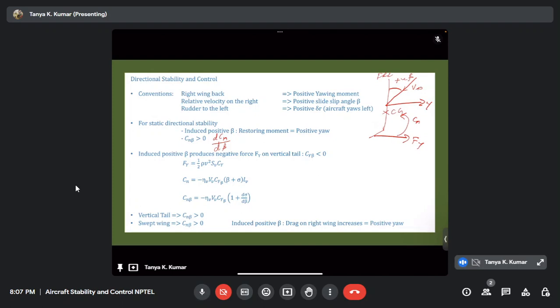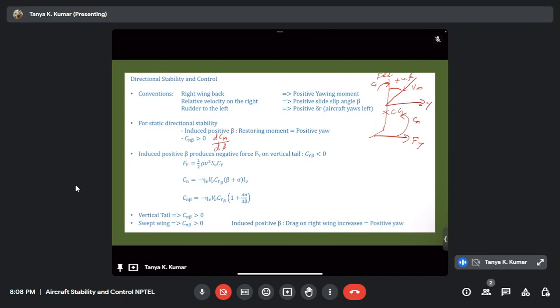So if your aircraft goes this way, then you will not have this side slip angle beta. So if the aircraft is subjected to a positive side slip angle, its restoring moment should be a positive yawing moment. That is why your dCn by d beta should be positive in order for the aircraft to have static directional stability. Okay.